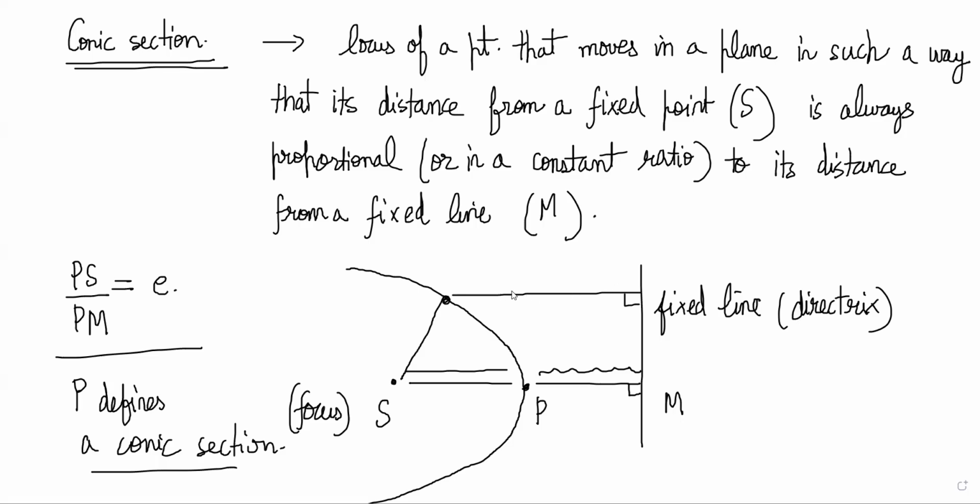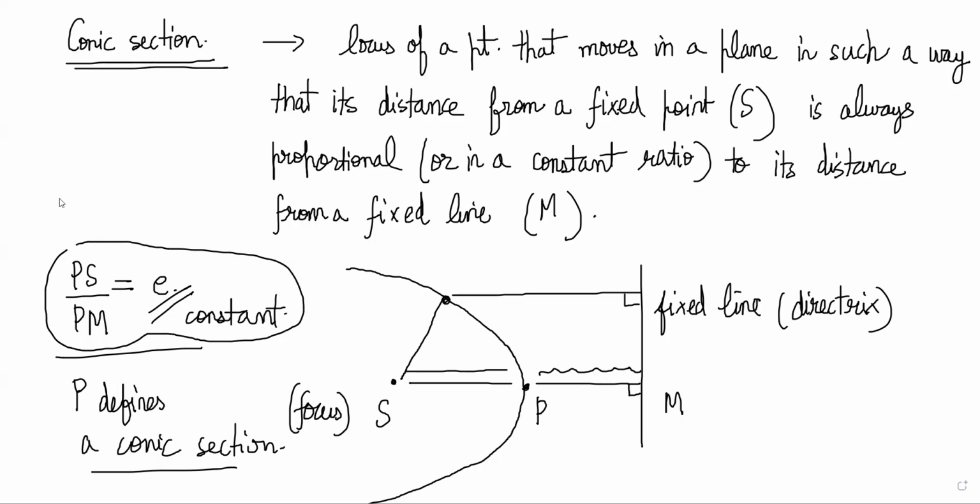That has happened because I have drawn it by hand and my hand drawing is not accurate. However, if you want to have a conic section, the ratio of PS by PM is equal to some constant. This E is a constant. And if you have this situation happening where P is a movable point, S is a fixed point, and M is a fixed line, then that point P defines a conic section.